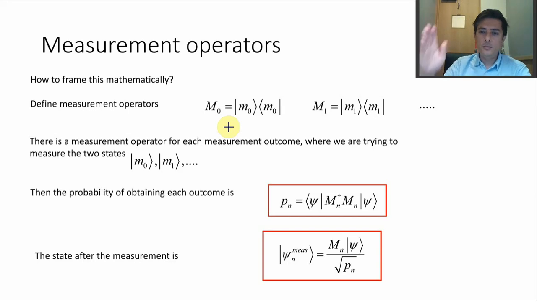So for example, if you start with one vector and then it changes into some other vector, then you always use an operator to represent that. As I've said, the measurement is a destructive, interfering kind of process. It changes the state. So it's natural to use operators to represent measurements.